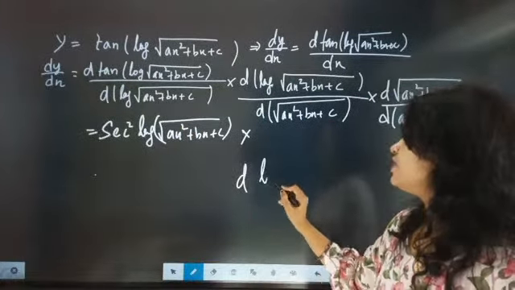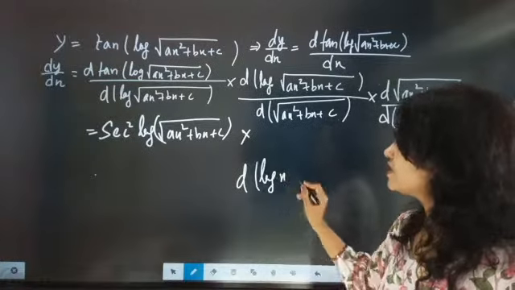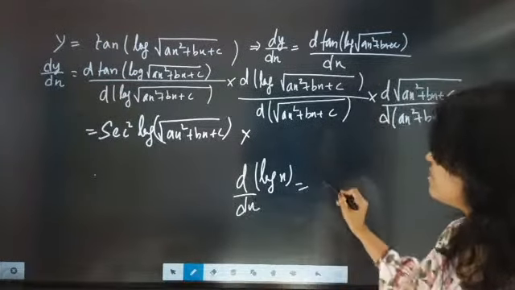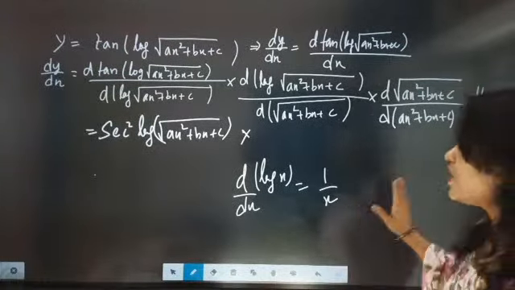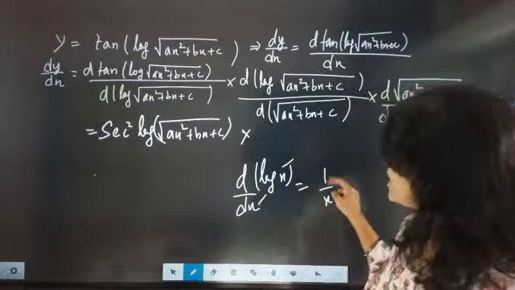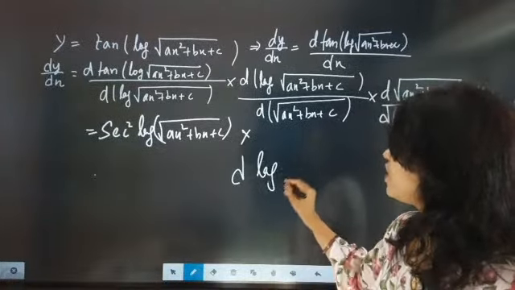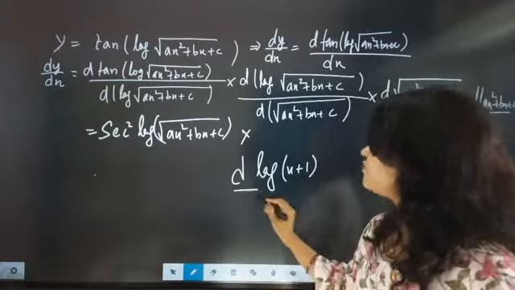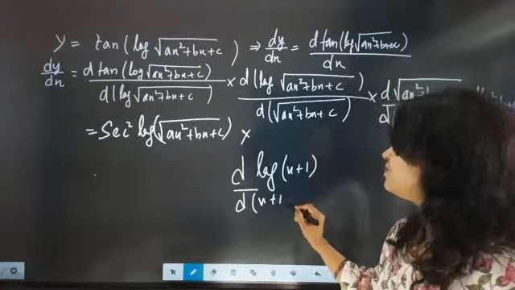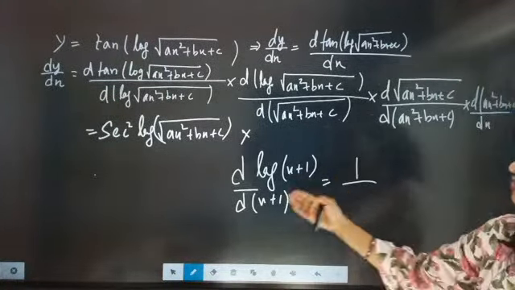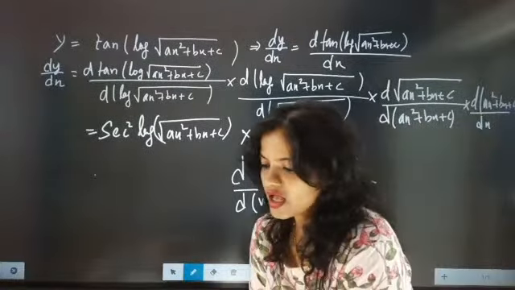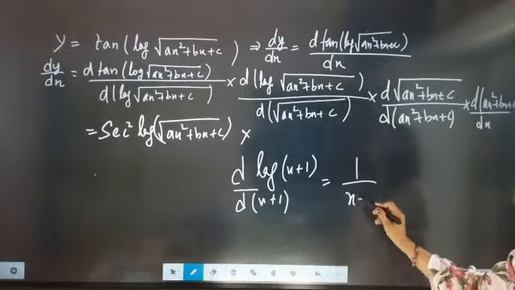We know that differentiation of log x with respect to x will become 1 by x. So when x and x are there, it comes as 1 by x. Now when differentiation of log of x plus 1 with respect to x plus 1 is there, then directly, because this one is differentiated with respect to this, it will directly become 1 by x plus 1.